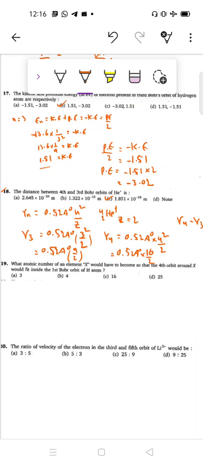Then you can easily find out the atomic number of X. So how do we deal with this problem?